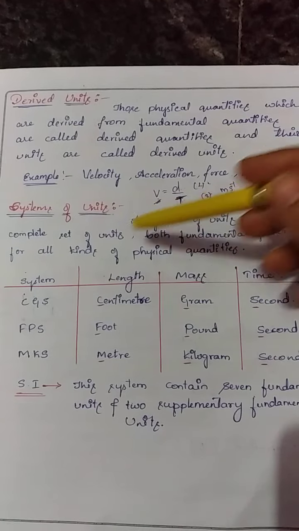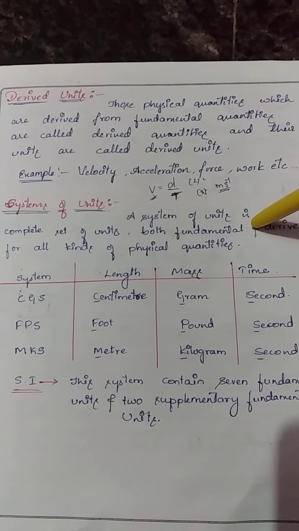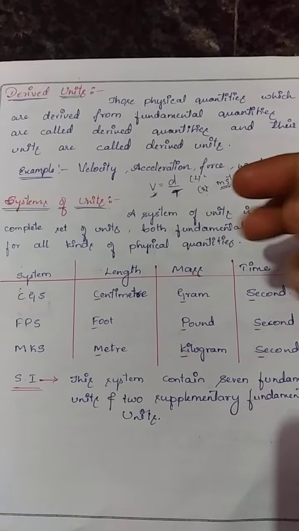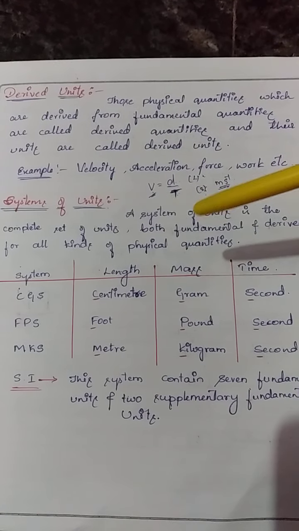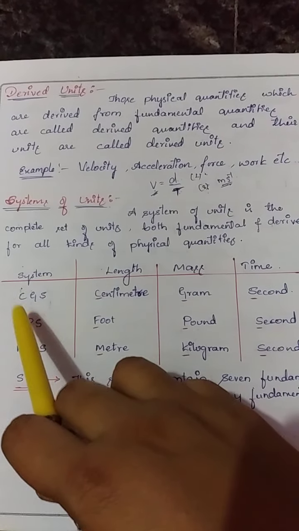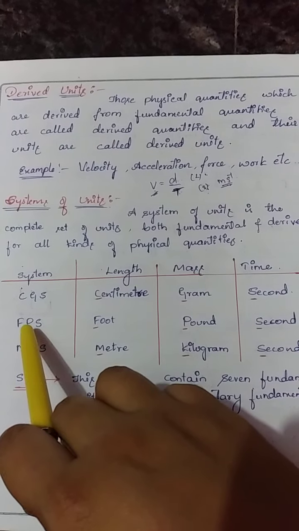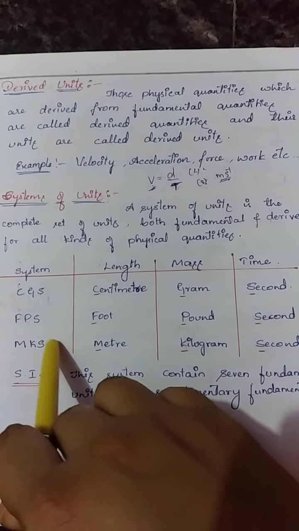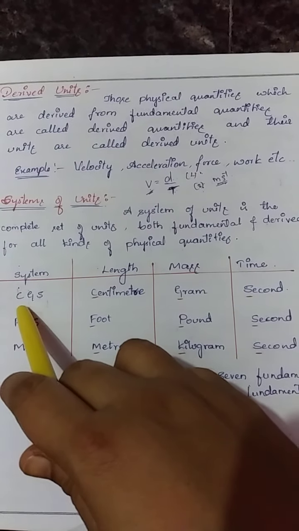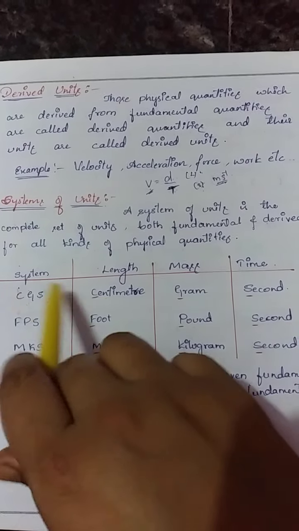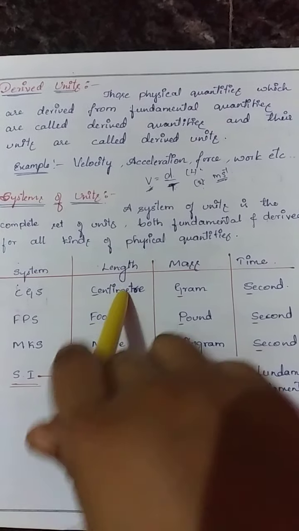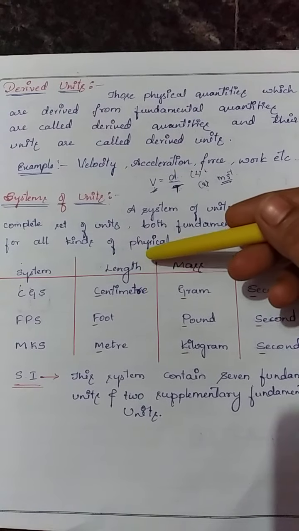For all kinds of physical quantities, there are types of systems of units. Those are the CGS system, FPS system, MKS system. What is meant by the CGS system? C means centimeter, the unit of length.